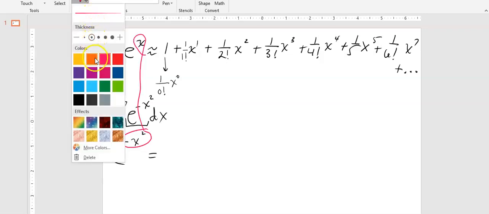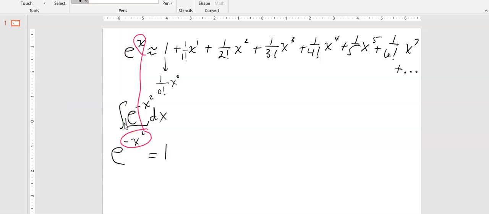So we can, in terms of the Taylor polynomial, do this. We can have our 1, we can have our plus x, but replace x with negative x squared. Instead of 1 over 2 factorial x squared, we're going to replace that x with negative x squared.